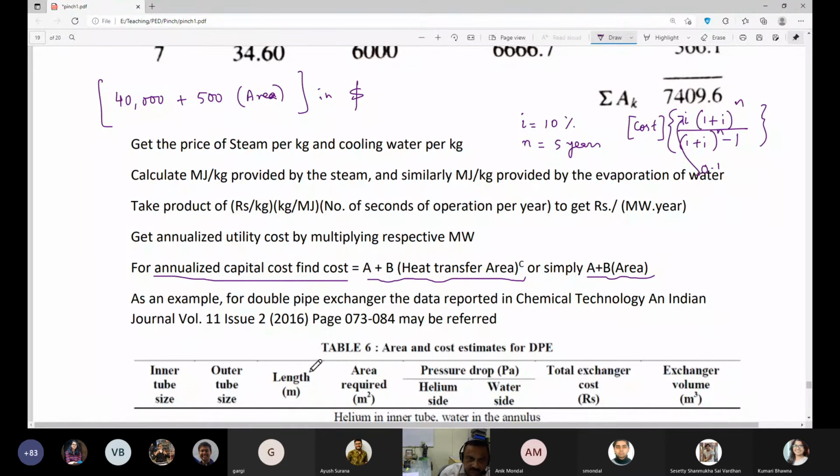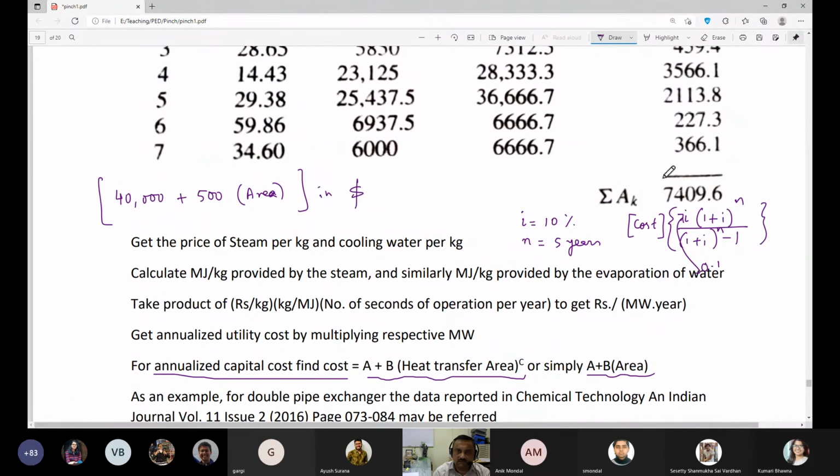Now that is one thing. When it comes to this area, this is the total area we have said. Total area means all the heat exchangers that you have from stream 1 to stream 3, stream 5 to, so there are several heat exchangers we talked about, and this is the total area.